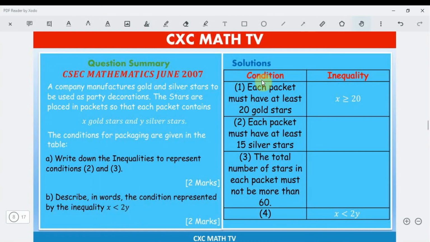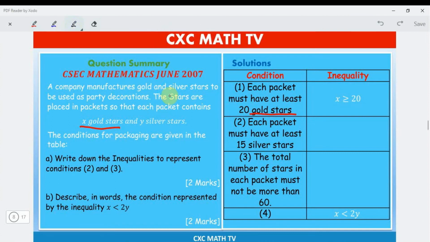So look at this over here. Number 1 says each packet must have at least 20 gold stars. Notice how that is represented. Gold stars is represented by the letter X. At least means minimum, so that's why they write X is greater than or equal to 20.